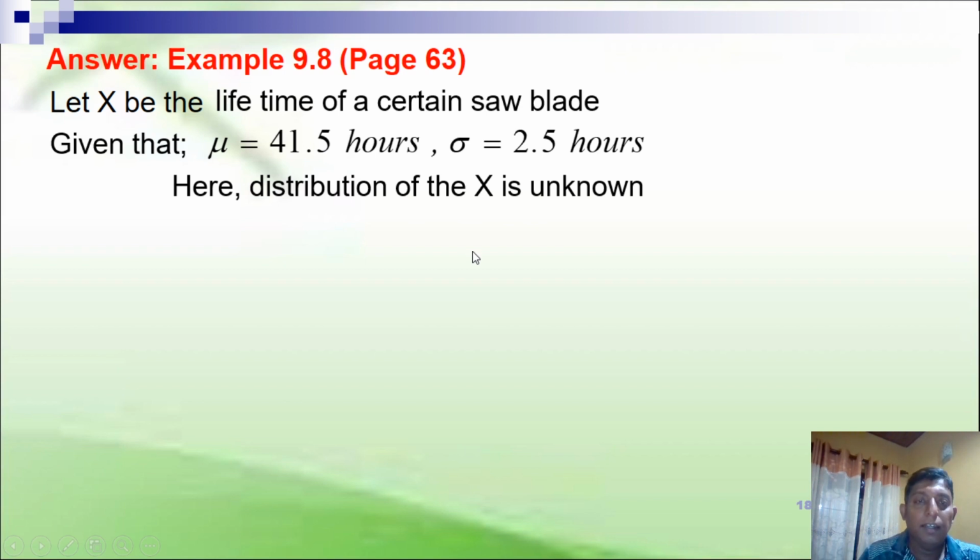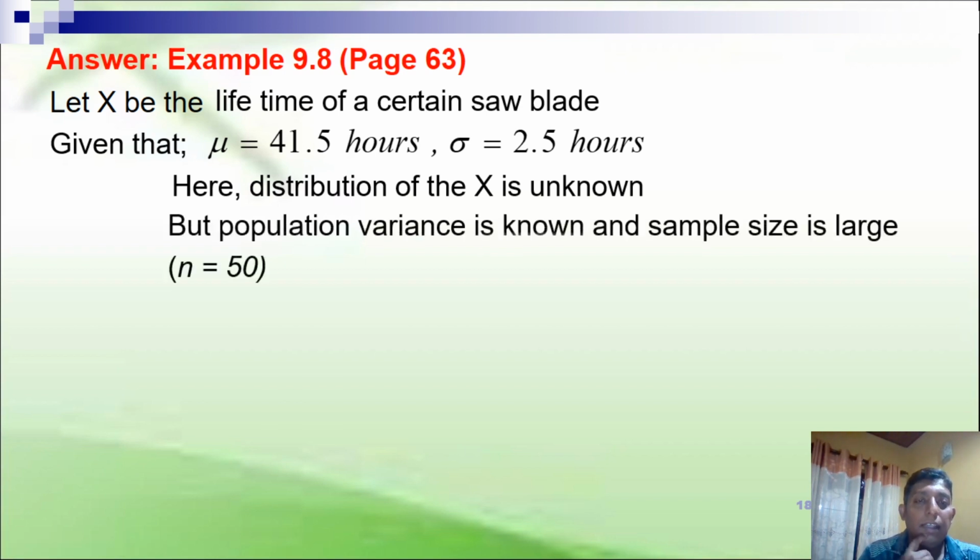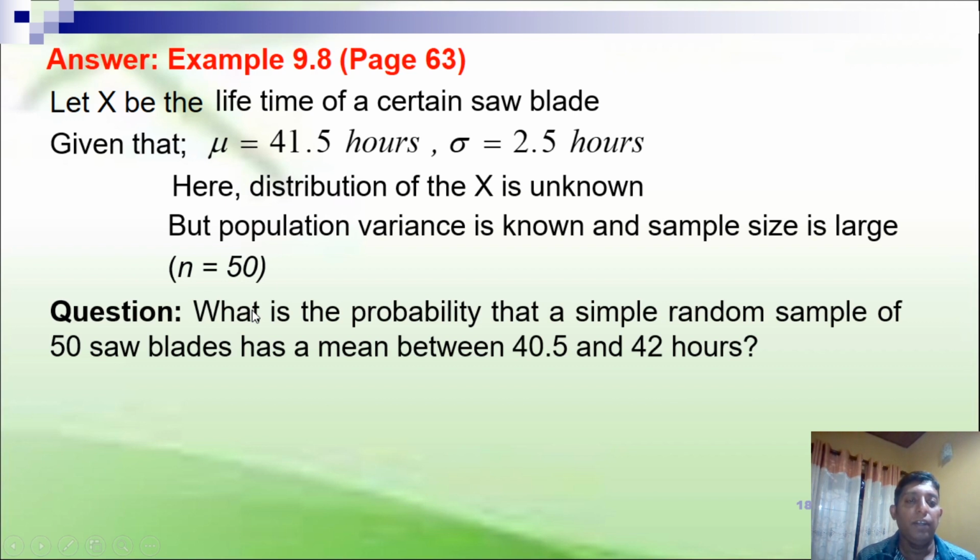That means we can assume we take a sample from a non-normally distributed population. Population variance is known and the sample size is large. Here the sample size is 50, which is greater than 30, therefore it can be considered a large sample.